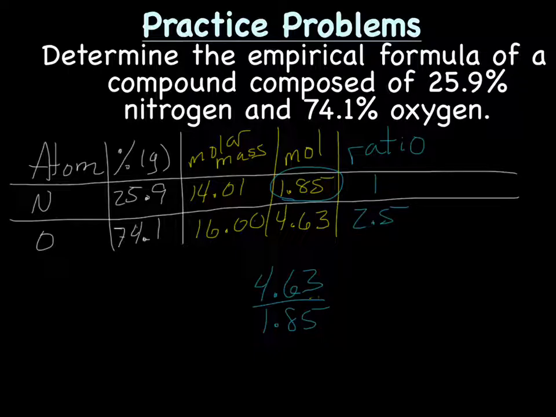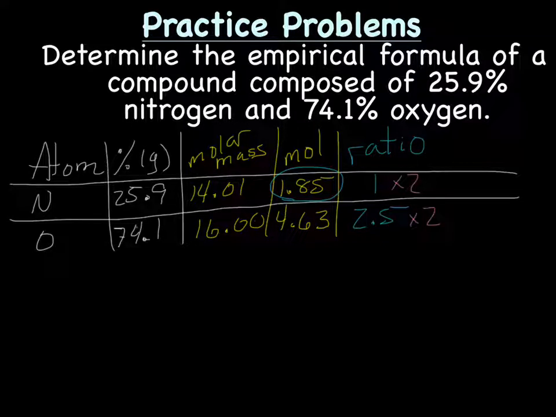Okay, now this time, 2.5 is right in between 2 and 3. So we can't round up or down in this case. We're going to need to multiply. So I always start by multiplying with the smallest number, which is a 2, which may or may not work. So 2.5 times 2 is 5, and 1 times 2 is 2. So our empirical formula is now N2O5.